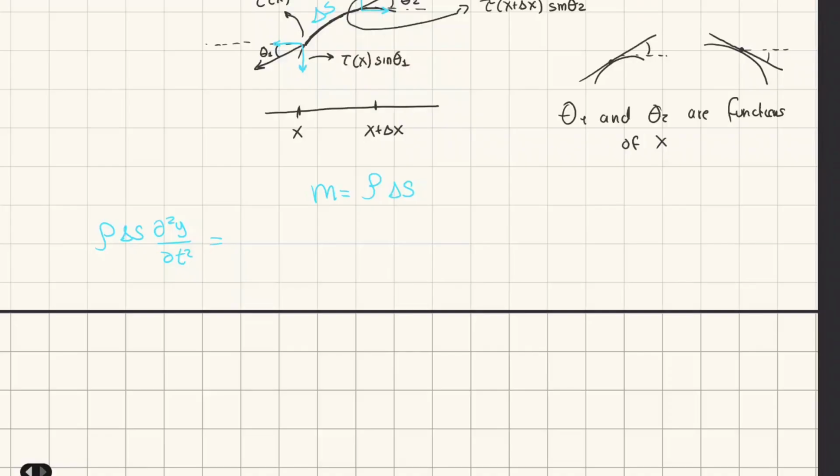Again, we are going to consider that the force of gravity is of no consideration because it is very small compared with the tensions tau.